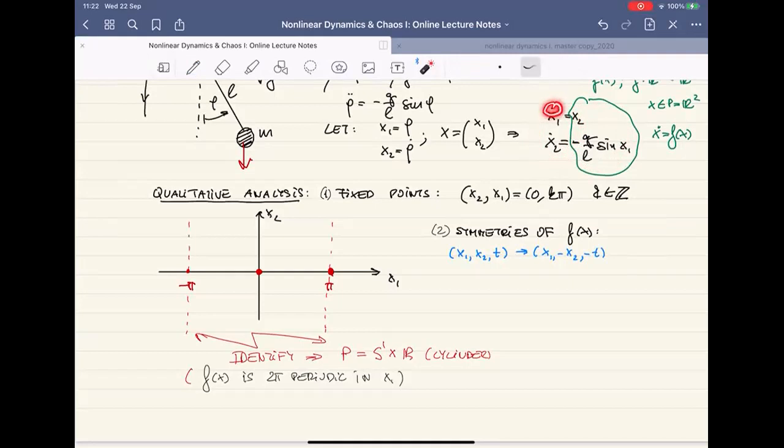Look here, because of the derivatives. So when I swap time, so I start using minus t instead of t, then that will bring a minus here, because what used to be a derivative with respect to positive time comes out to be the negative derivative with respect to negative time, right?